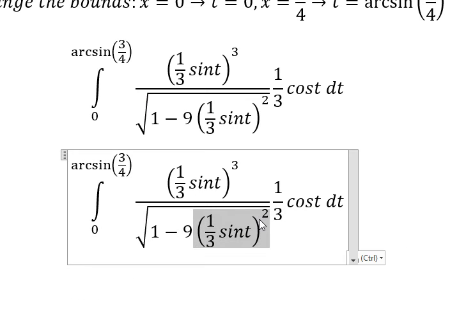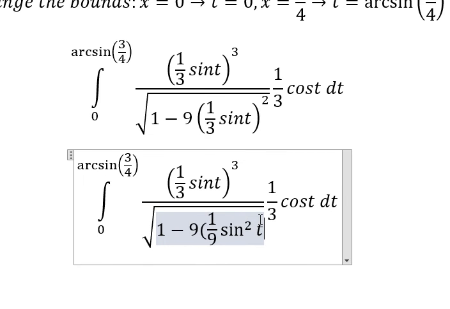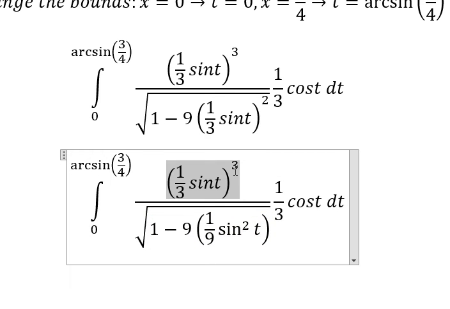So this one we have 1 over 9 sine t squared. This one we have 1 over 27 sine t to the power of 3.